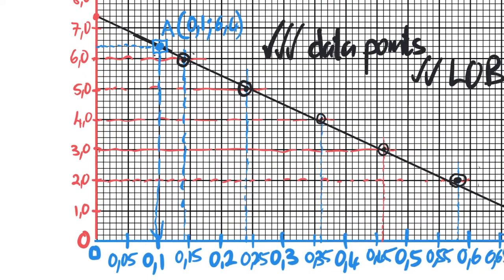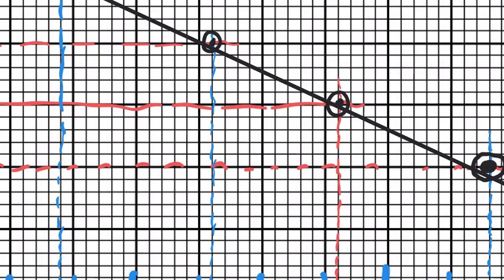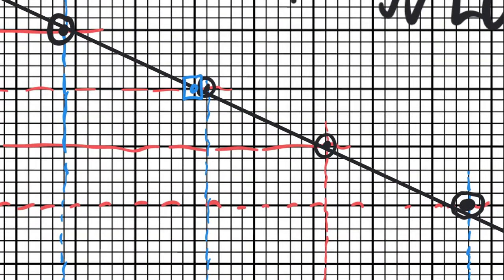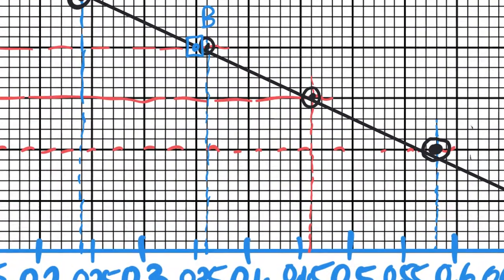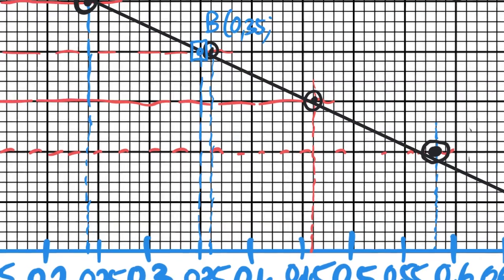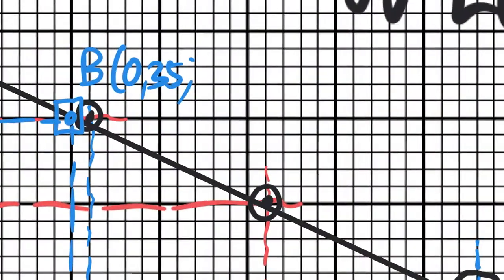Then I choose another point that I'm going to find convenient, and I'm going to choose this point here, which is very, very close to one of my data points. I'm going to call that B. If we drop a perpendicular down, we see that this is 0.35 amperes, and dropping a perpendicular to the y-axis, that is going to be 4.